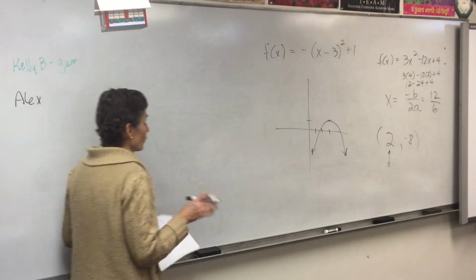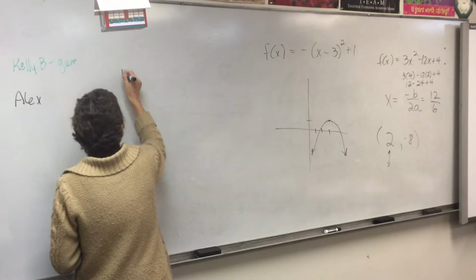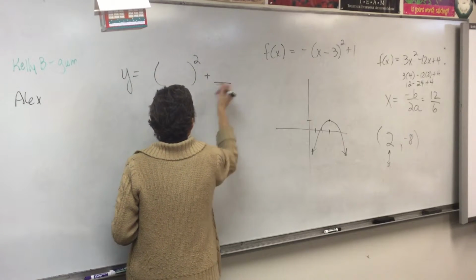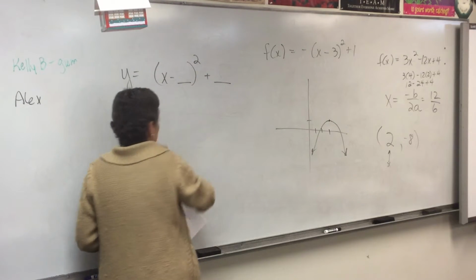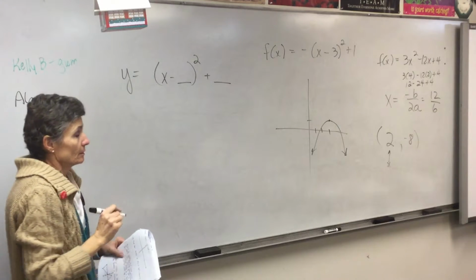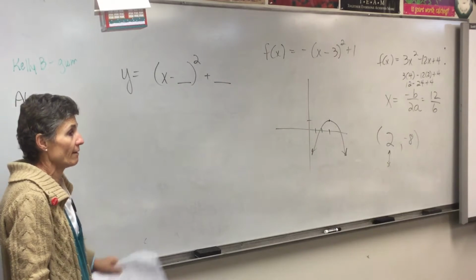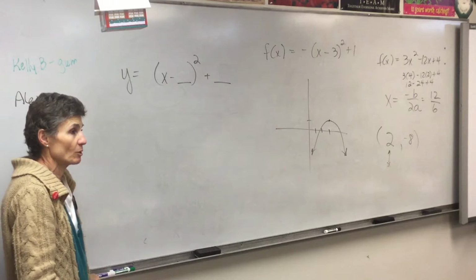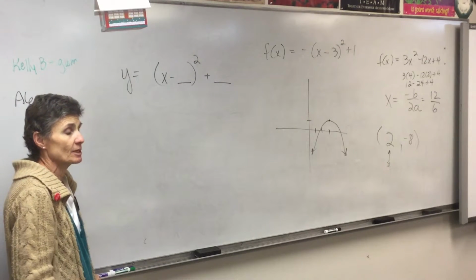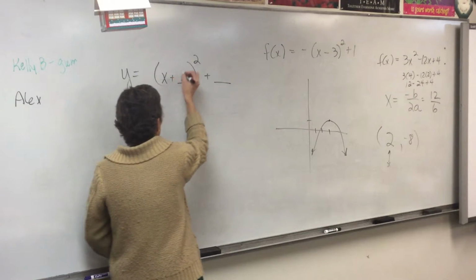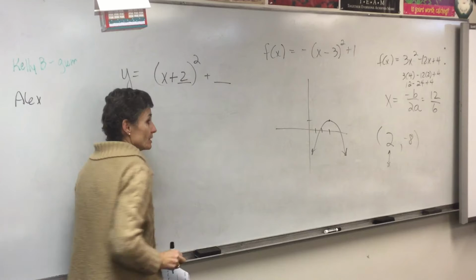Okay, so you're going to write an equation of a parabola that has a horizontal shift left. How do I put that into my equation if I want to shift it left 2 units? Plus 2. x plus 2. That shifts it left 2 units.